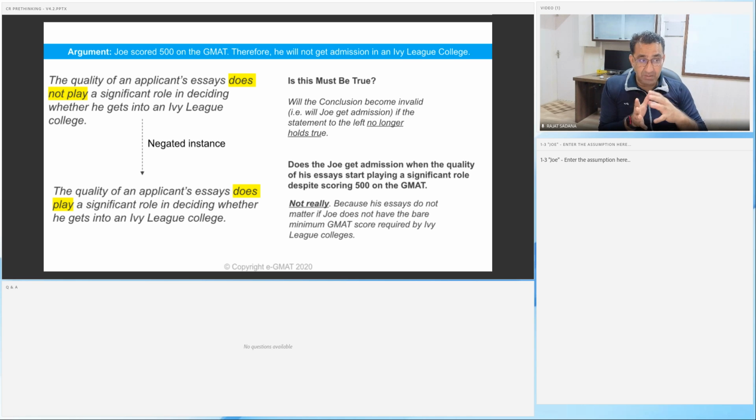So essays could be important once Joe has a certain GMAT score. And you really see this play out in real life. If you are from a certain area, your application starts to become important as long as you have a bare minimum GMAT score. GMAT score is not the end all.